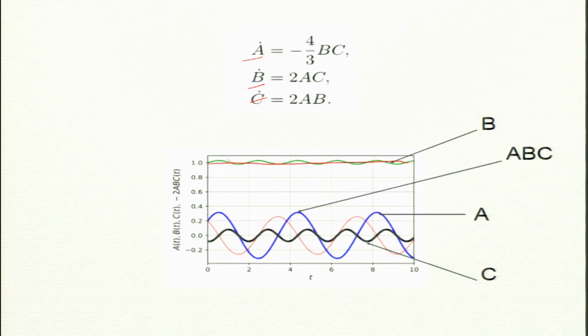Earlier A was not changing, but here B is oscillating around one mean value, and A and C are oscillating around 0. C is the black curve which is oscillating around this 0 line, and A is oscillating also around 0. So, B is fixed, but A and C are oscillating around 0. So, this happens in convection.